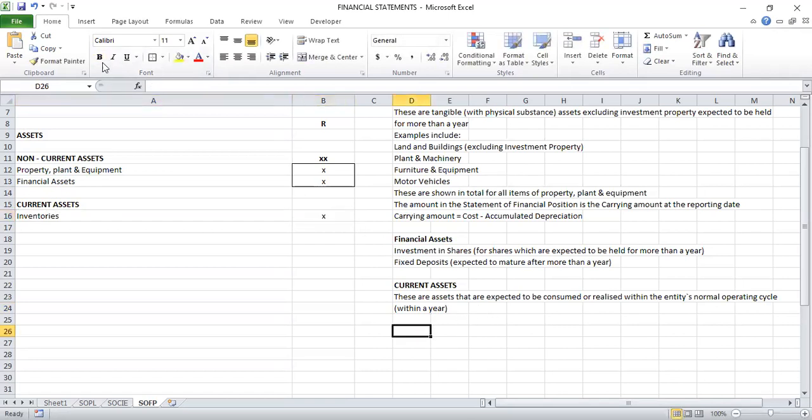Our inventories would include the following. This is stock of the following, at end of year. Right, trading inventory on hand.